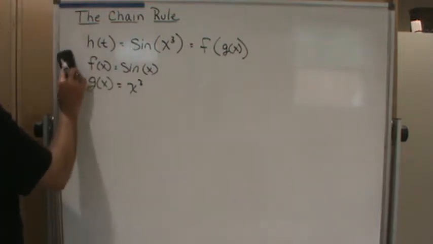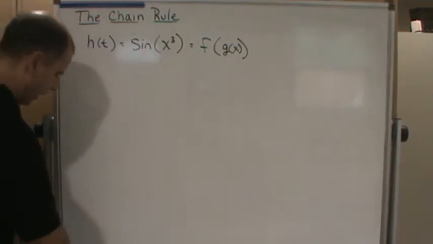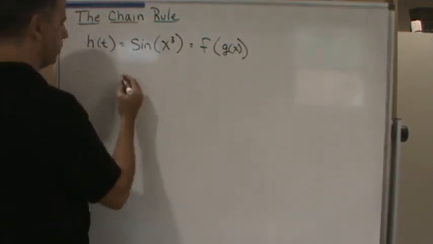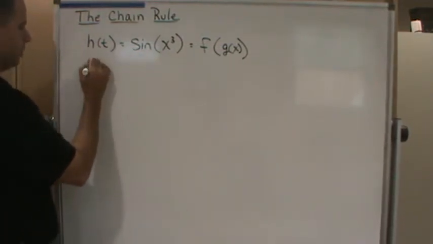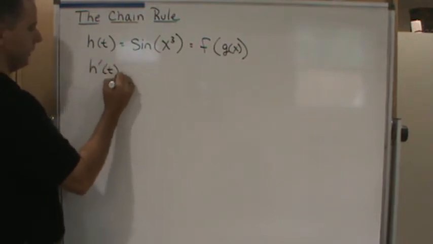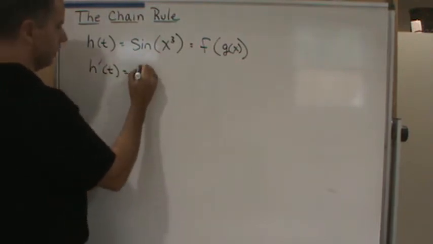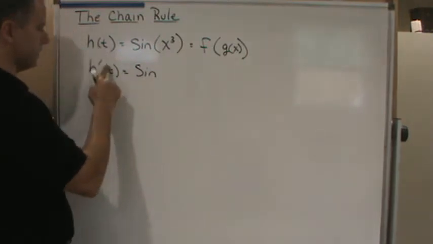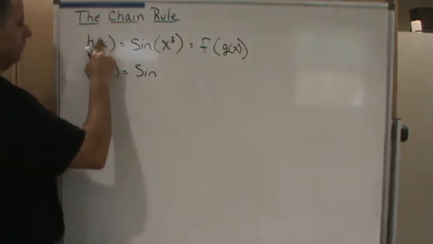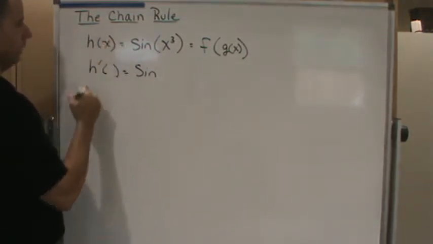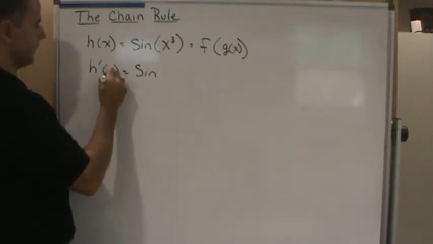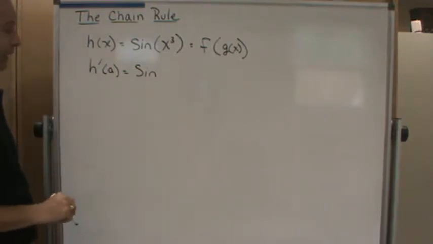Okay, so now let's apply what we know about taking the derivative, and then we'll see how this derives. I'm going to just use the limit definition. So we'll say h prime at a point a.